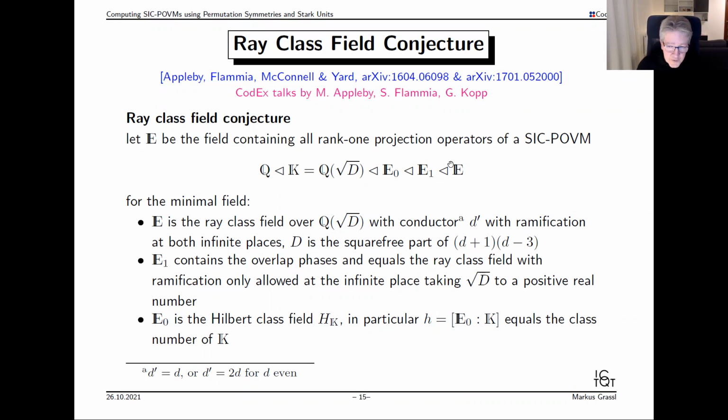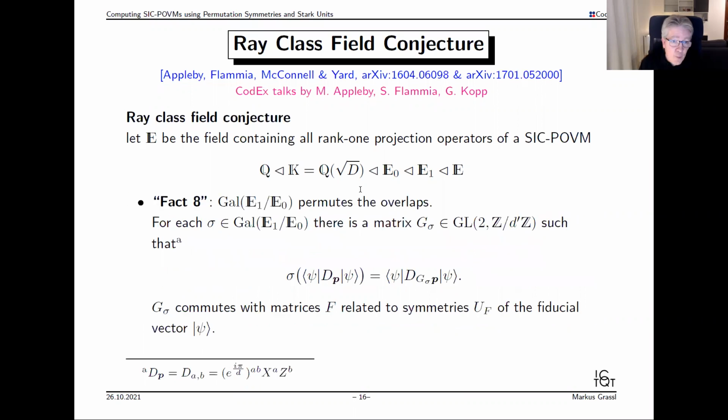And then we have a tower of other fields. And it turns out that this biggest field is a Weyl class field, which we are, at least in principle, able to compute, and we know what this field looks like, what the Galois group over the quadratic field looks like. It's actually an abelian group, so it's the nicest you can look for.